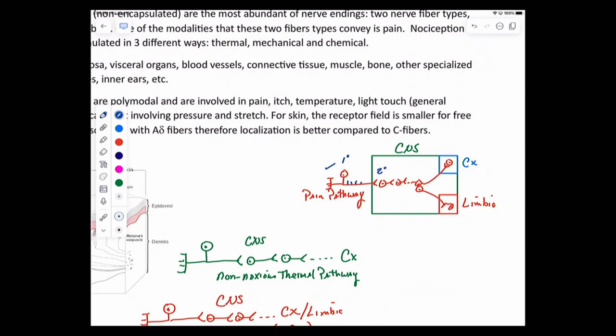By CNS, we're talking about either the spinal cord or the brainstem. We would be talking about the brainstem if we're talking about nerves that are associated with the cranial nerves. But other than the cranial nerves, then we're talking about spinal cord. So that's going to be the entry point for the secondary sensory neurons.